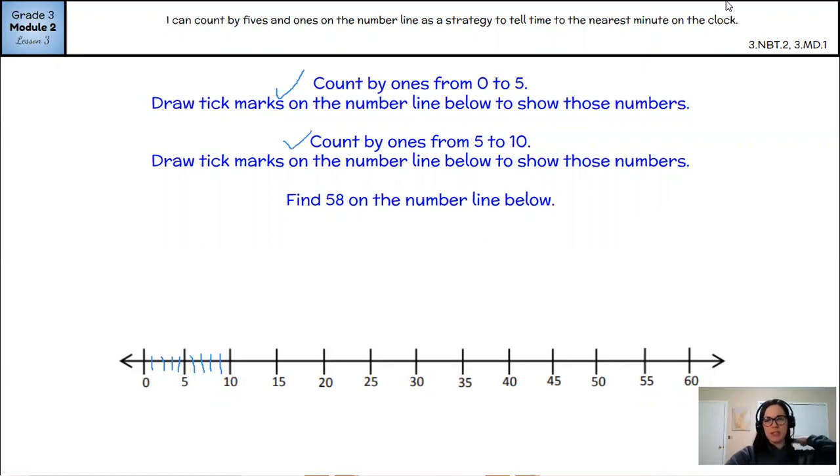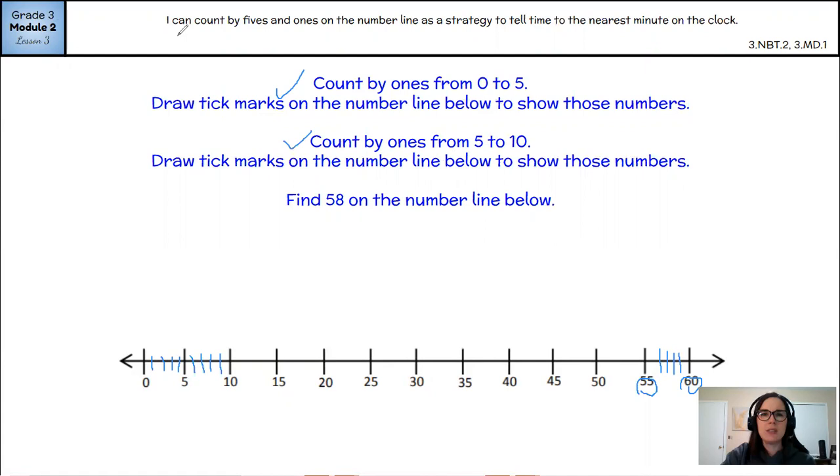So what we want you to see here, boys and girls, is that between each of these increments, there are 4 dashes to represent those ones. So let's think about what 58 is between. Well, if I had to check, it's definitely between 55 and 60. So I'm going to go ahead and make the dashes. 56, 57, 58, 59.